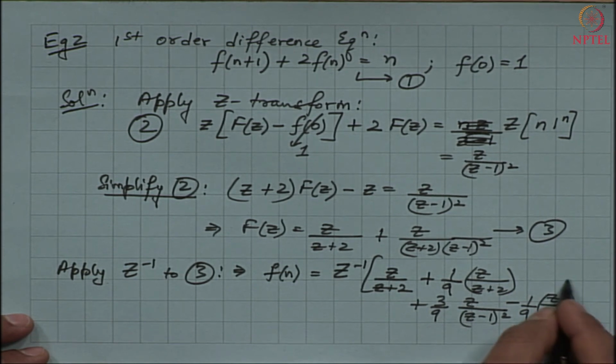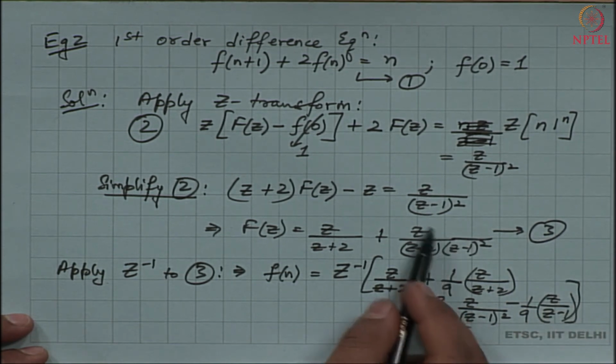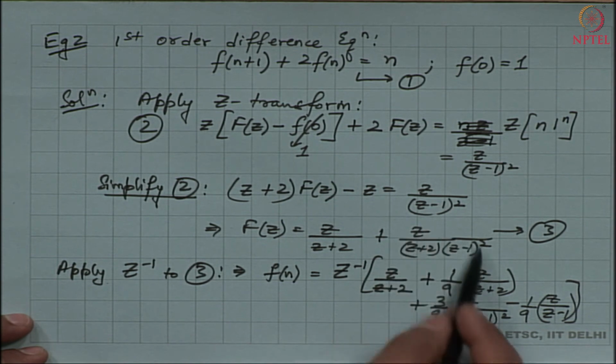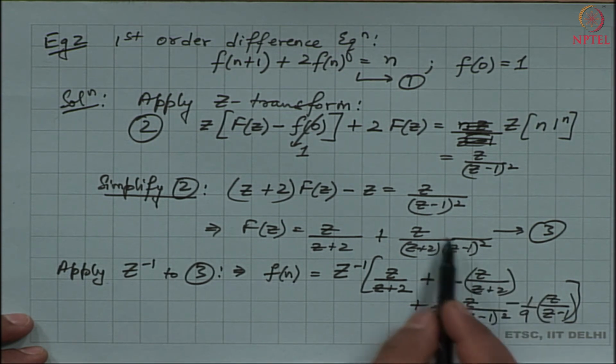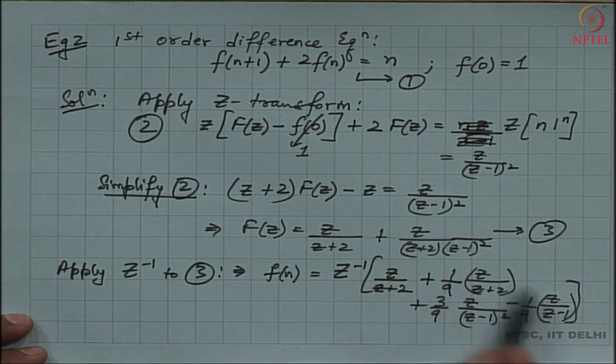Here I have directly provided the answer after breaking this rational function into 3 partial fractions. Students are requested to check that the sum of these 3 partial fractions indeed gives the final result. So I have broken it down into 3 simpler expressions for which I know the Z inverse.